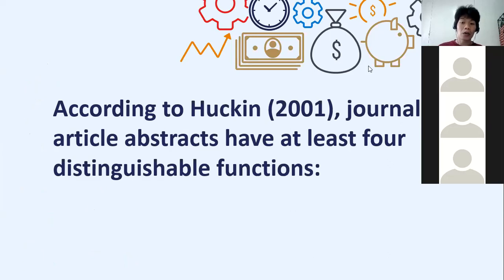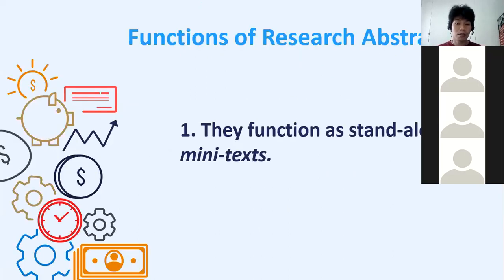According to Huckin in 2001, journal article abstracts have at least four distinguishable functions. So according to Huckin, there are four main functions of a research abstract. First, they function as standalone mini text. When we say standalone mini text, it means it is a short summary of the topic.